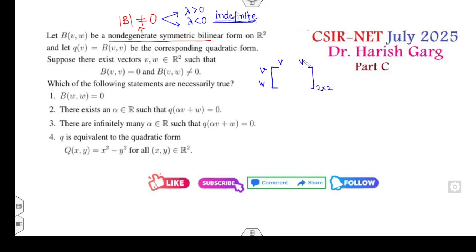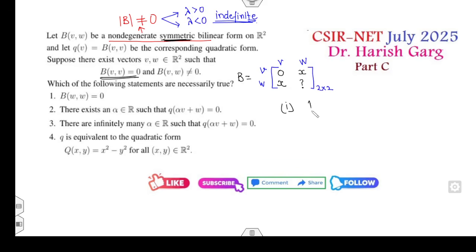It is given that B of V and V is 0, and B of V and W is non-zero. So let's say this number is my X, because it is symmetric. So this number is also X, and whatever this other number is, it can be any number. Now look at the first part. This is my matrix.